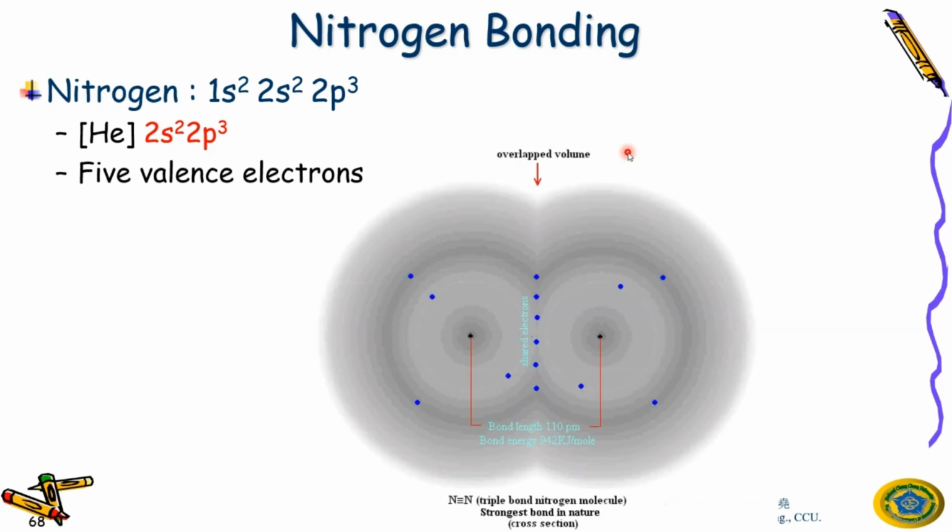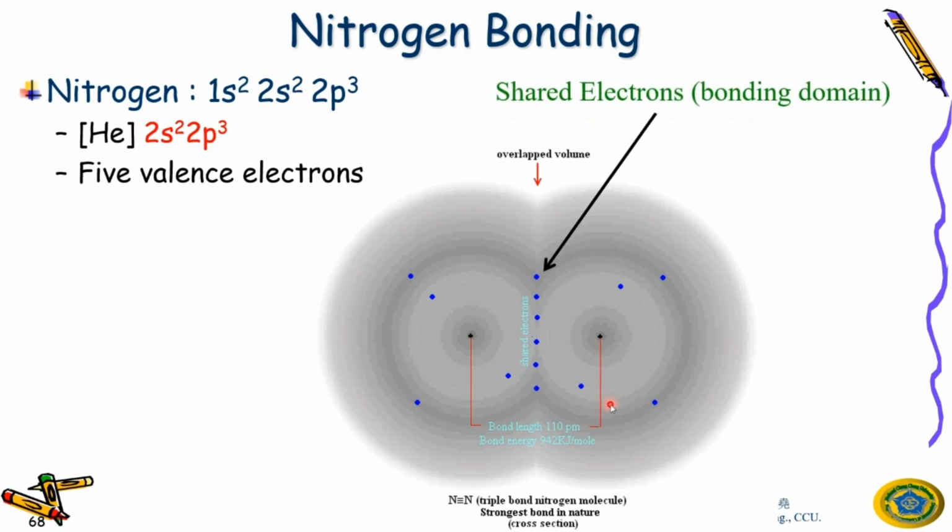And then the nitrogen molecule is represented like this. This is an overlapped volume here, and each nitrogen donates 3 electrons to make 6 in the center, to let the nitrogen atoms share with each other.